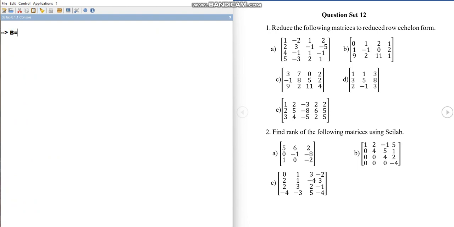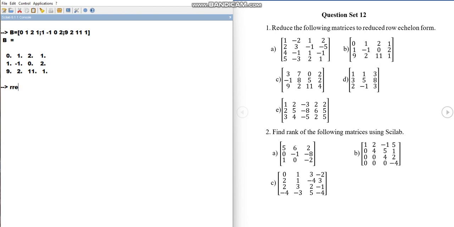Now B is equal to 0, 1, 2, 1, then 1, minus 1, 0, 2, then we have 9, 2, 11, 1, a matrix of order 3 by 4.